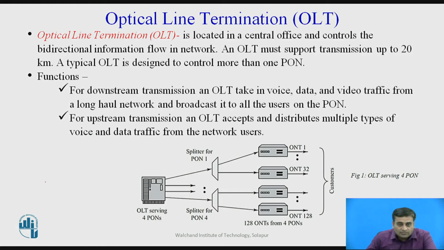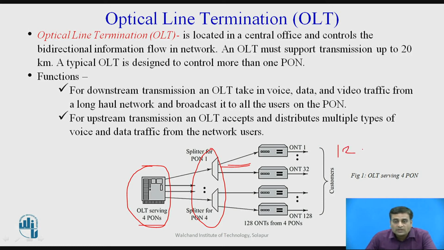Here in this diagram you can see an optical line termination unit is capable of serving 4 passive optical networks. These are the 4 passive optical networks, and if in this case each passive optical network has 32 outputs, then 32 times 4 means a single OLT is capable of serving, or distributes the data to, 128 end users, because each PON has 32 users attached to it.